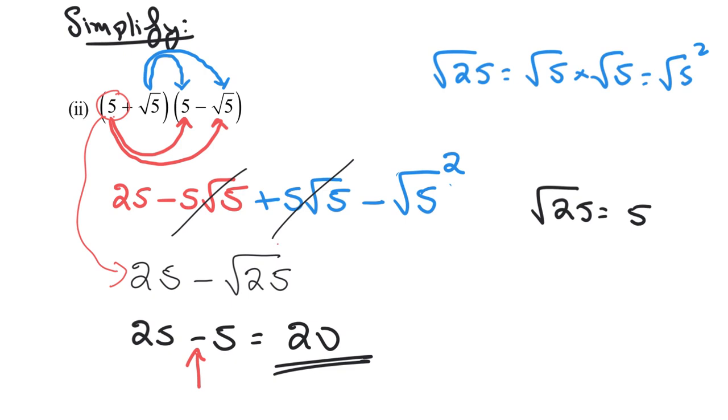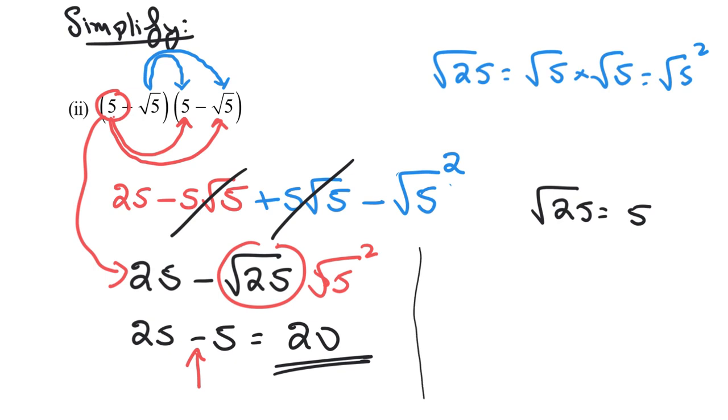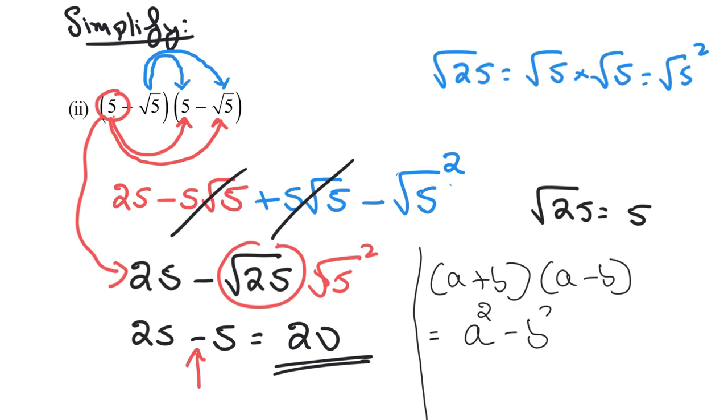Is this root 5 squared? Yes. So in general, can we say if anything is in the form a plus b times a minus b, it will be equal to a squared minus b squared?